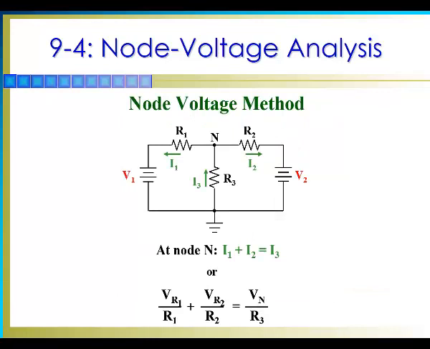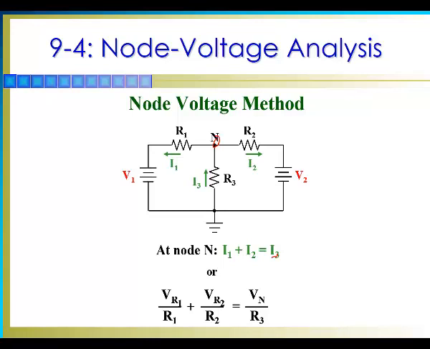So again, at the node N right here, we can say that in this case, for example, we have I3 going in, so this I3 must equal the sum of the currents going out, so it would be I1 plus I2, so I1 plus I2 equals I3. Or we can also write this in terms of voltage and resistance.